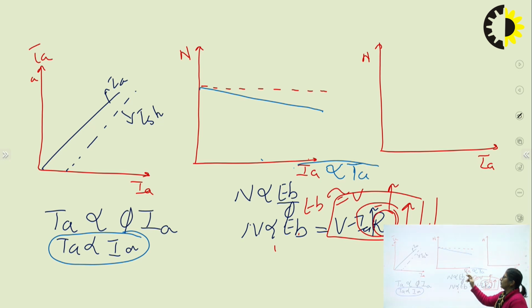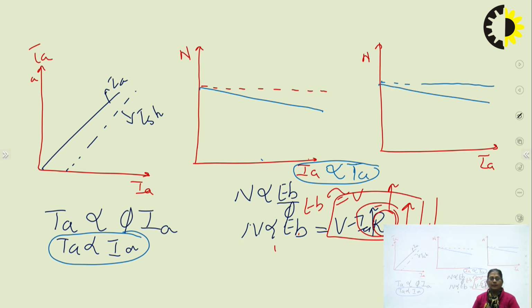It means I may have the same kind of nature of the graph for speed versus torque. So if this is the base speed, the nature of this characteristic would be slightly drooping. This is for the DC shunt motor.